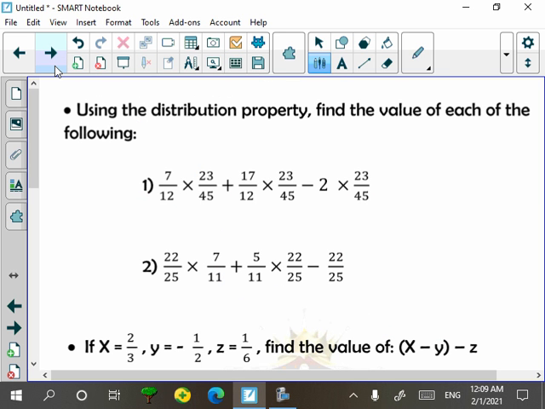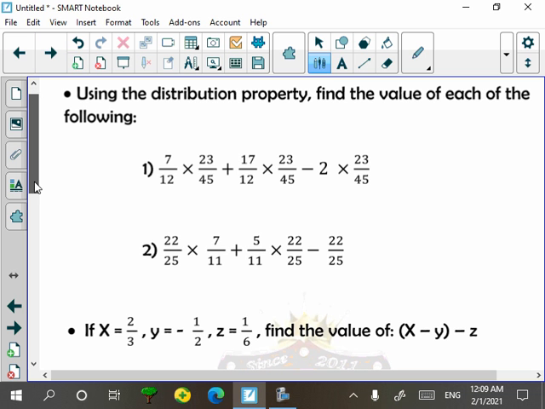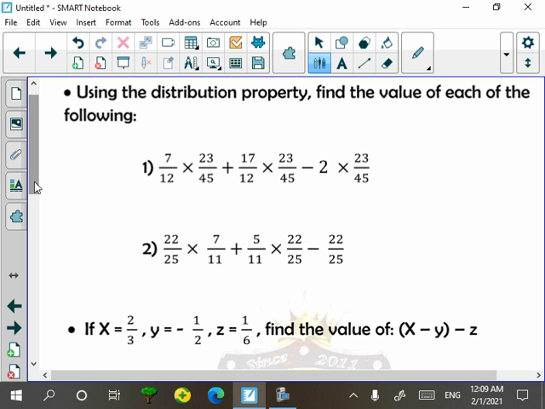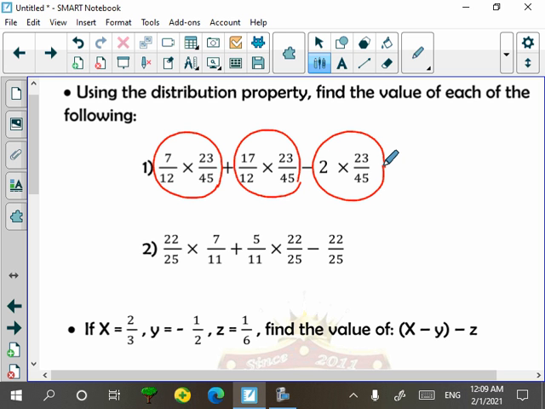Using the distribution property, find the value of each of the following. Here we have 7/12 times 23/45, and here 17/12 times 23/45, and here 2 times 23/45.